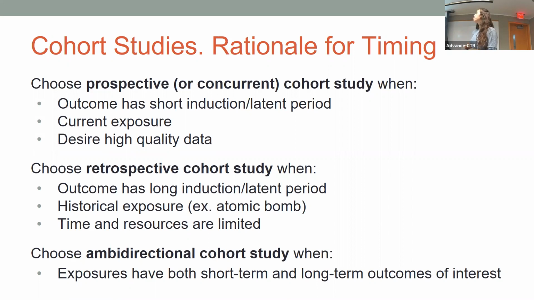Additionally, I didn't list it here, but it's going to work well when you want to infer temporality between things like A caused B. That's something that in a retrospective cohort study is not going to work so well, because since you're relying on past information, it's going to be hard to determine whether in fact the exposure caused the outcome. A retrospective cohort study is going to work well when the outcome has a long induction or latent period, and when you just don't have enough grant money or resources to fund some sort of 20-year prospective cohort study. And then as I mentioned, the ambidirectional cohort study will be ideal if you're interested in studying both short-term and long-term outcomes.